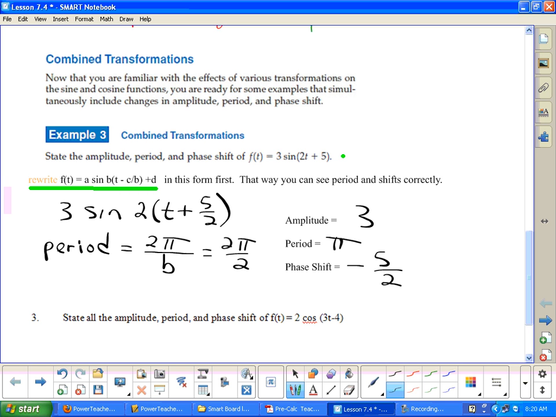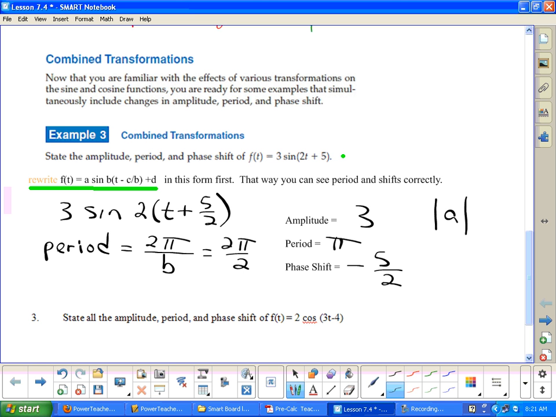If it's shifted to the left, it's a negative phase shift. If it's shifted to the right, it's positive. Remember, amplitude is always positive because it's the absolute value of A. Period is always positive.